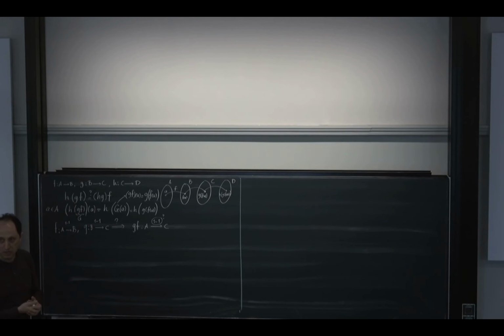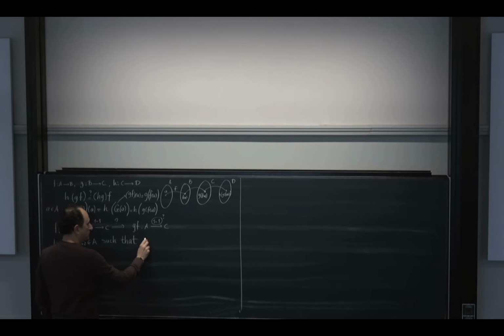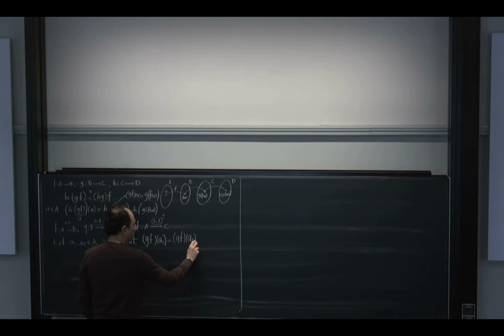Yes, that is the meaning of being one-to-one. So I would say, let A1 and A2 belong to A such that G after F of A1 is equal to G after F of A2.